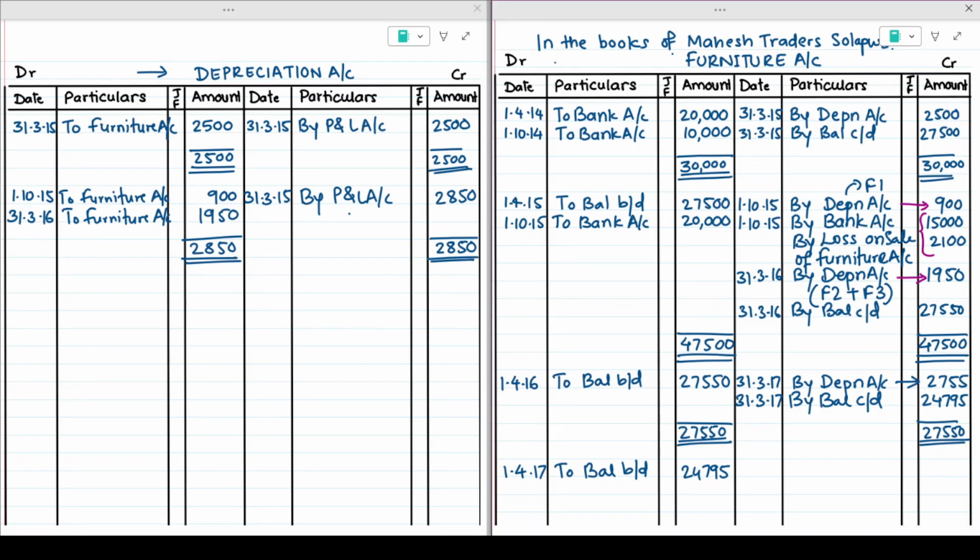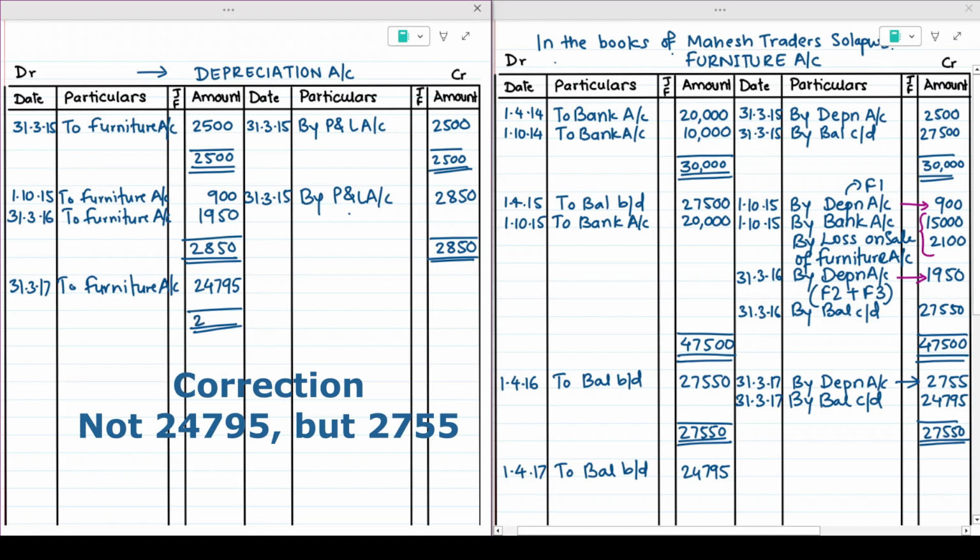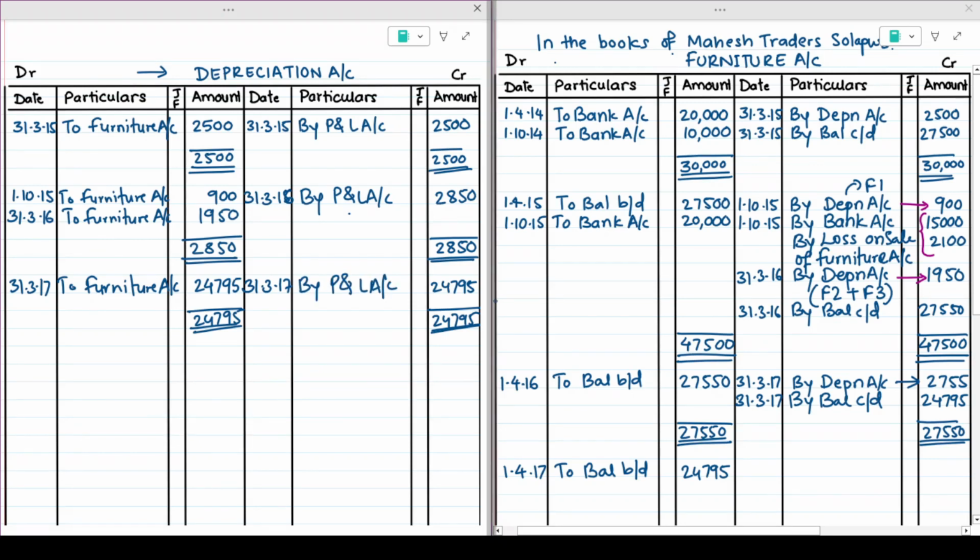That is at the year end 31st March 17 to furniture account, and we will close the books 24,795. And the balance amount we will transfer to profit and loss account at the year end by P&L account. So with this, our depreciation account is closed.